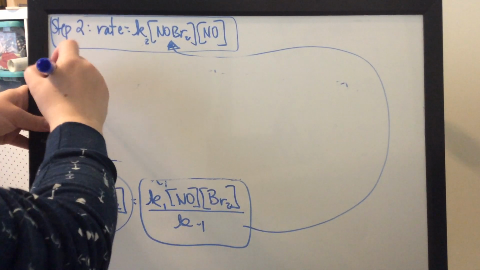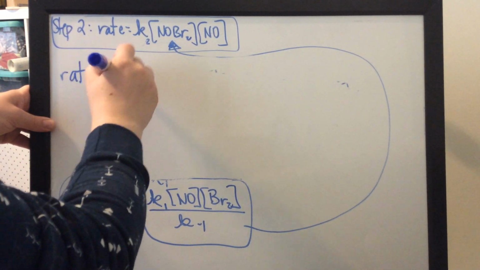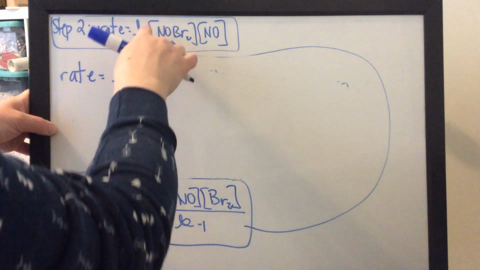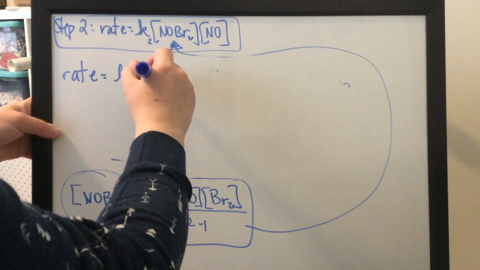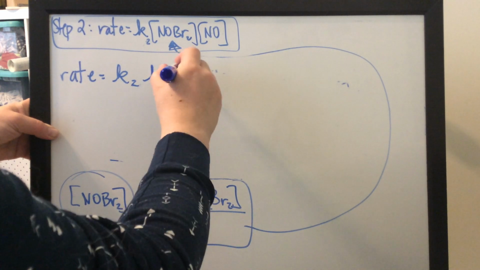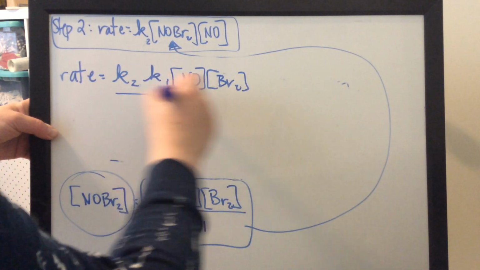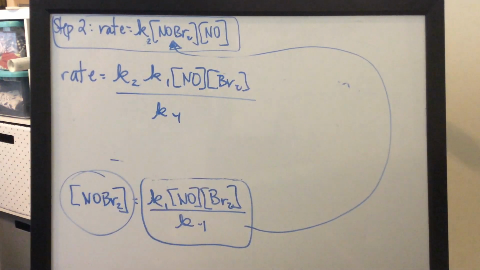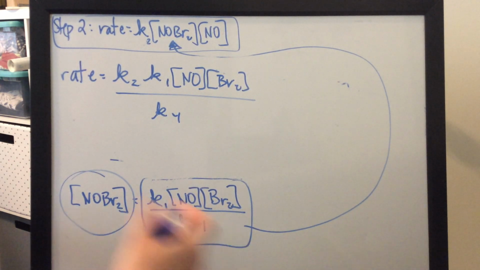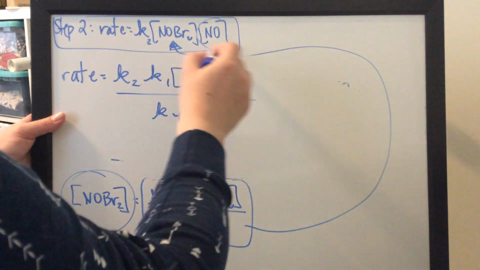So we're going to say that the rate is equal to K2. See, that didn't go anywhere. Now this thing is equal to this. So here comes the mess. Times K1 times the concentration of NO times the concentration of Br2. Woof! All divided by K to the negative first. Oh, and I forgot something. Sorry, I forgot this NO. See?